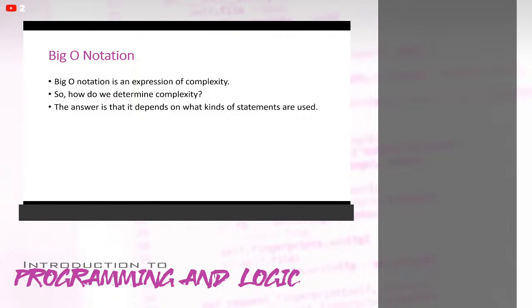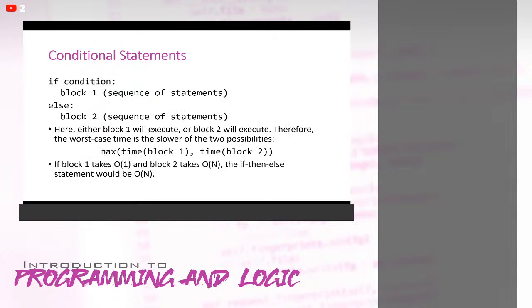Things like if we're dealing with conditionals, when we're dealing with a conditional, we're looking at whether block 1 will execute or block 2 will execute. And remember that we're looking for the worst case scenario.